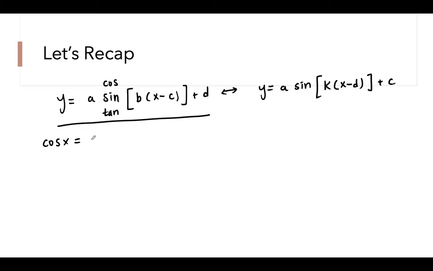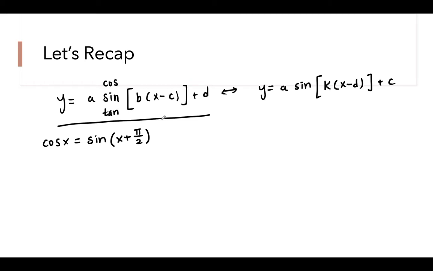So recall that cosine could look exactly the same as a sine graph, except sine of x plus pi over 2. So if I were to shift the sine graph by pi over 2 to the left, then I'm going to get a cosine graph.